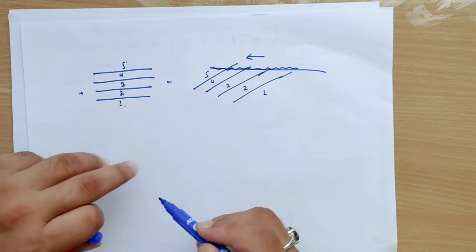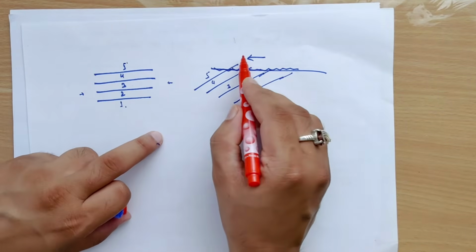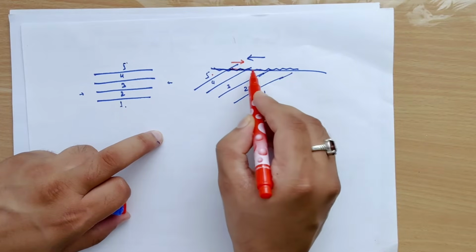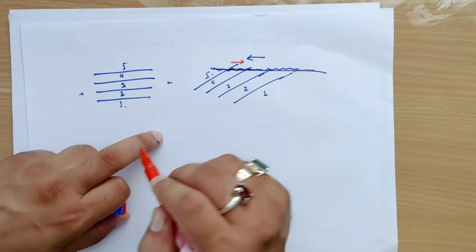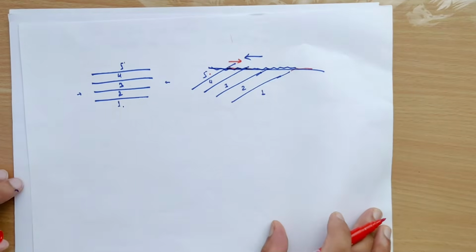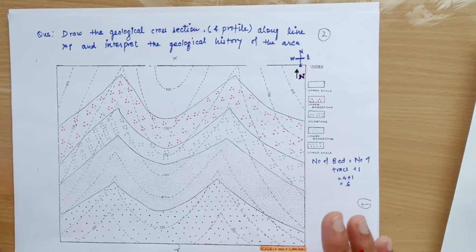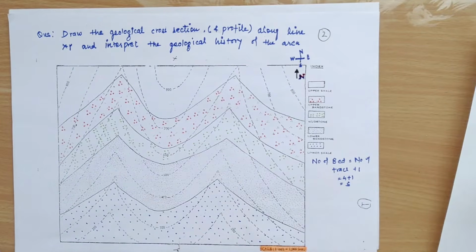If we walk in this direction, we get bed number 5, then 4, then 3, then 2, then 1 ultimately. So in the direction of dip, we get younger beds. So if we determine the direction of dip, then we can come to know about the younging of the sequence of beds.